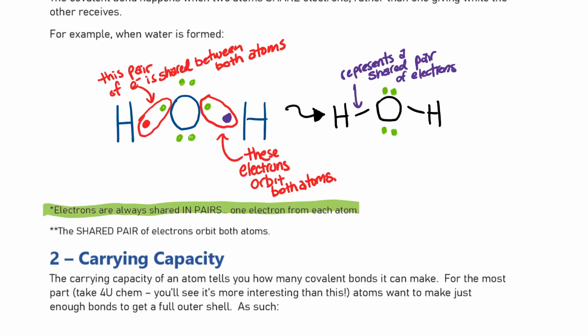So in this case, this shared pair of electrons represents 1 electron from hydrogen and 1 electron from oxygen that now orbit both atoms. And it is this orbiting of both atoms that forms the bond.